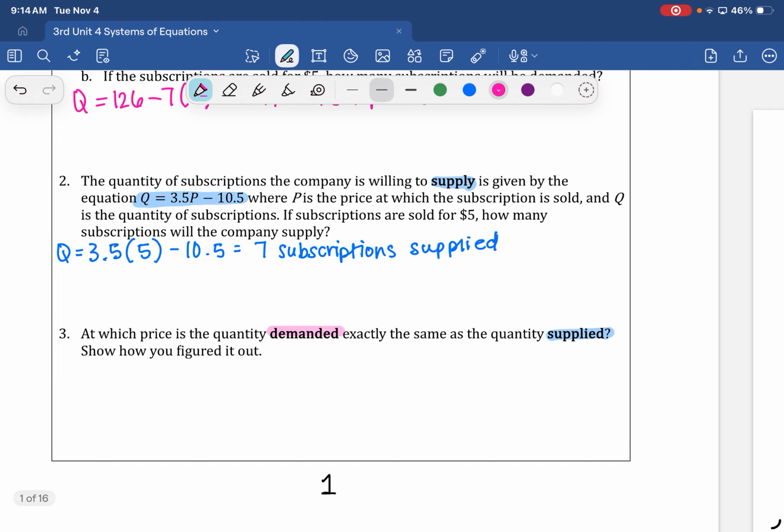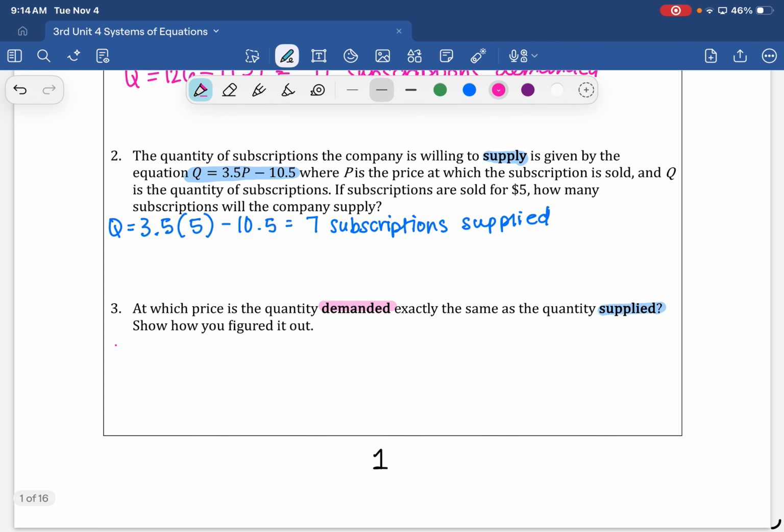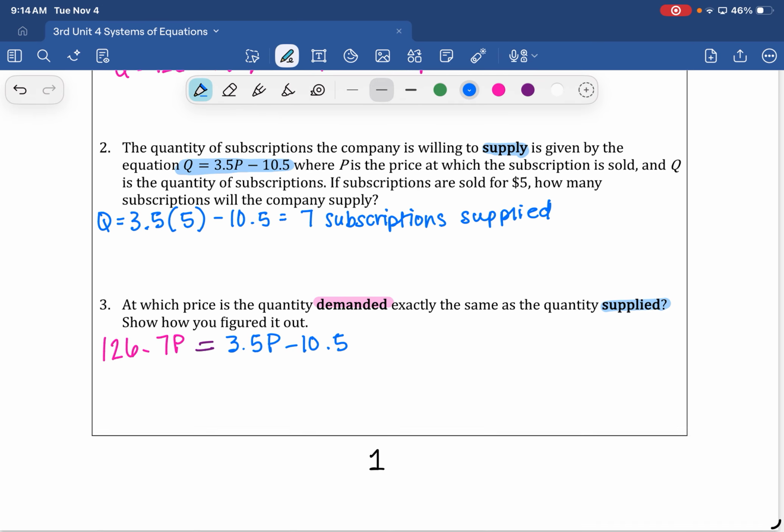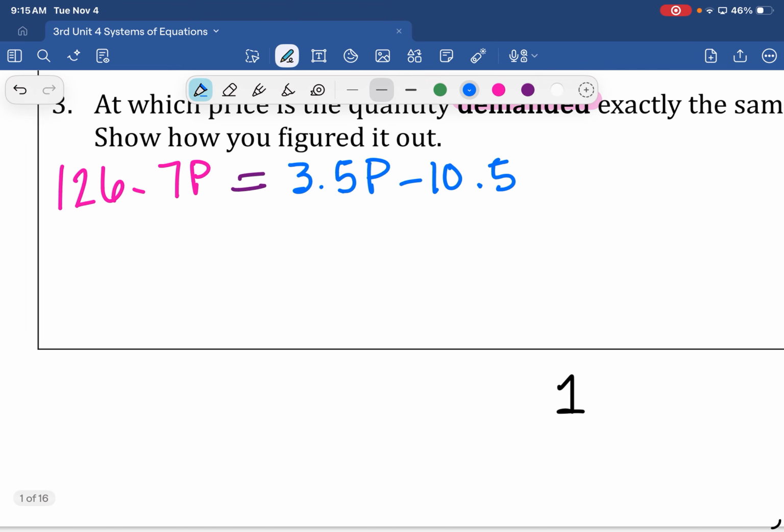So we're going to take our demand, which is 126 minus 7P, and set that equal to our supply equation, which was 3.5P minus 10.5. So we're literally just figuring out where demand equals supply. That's all we're doing. Okay, so go ahead and solve this equation for me.